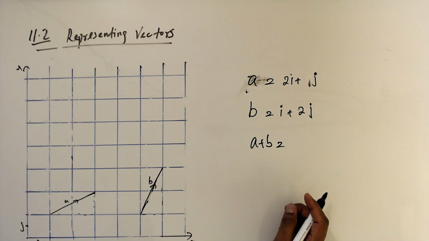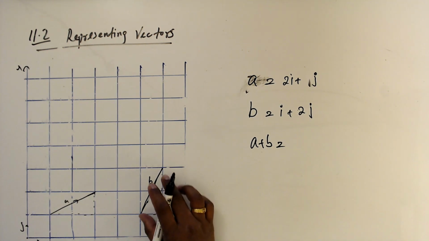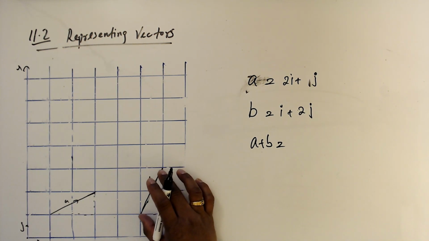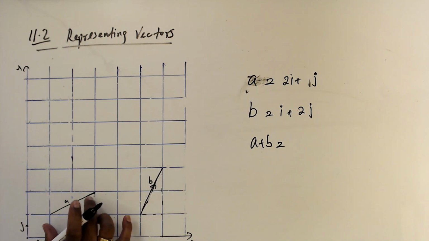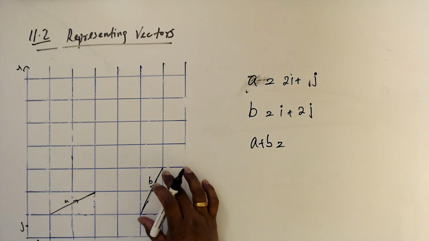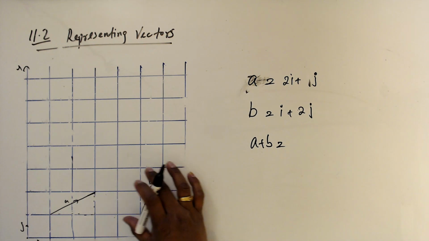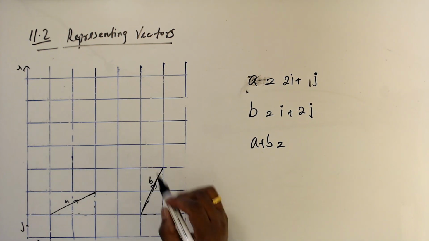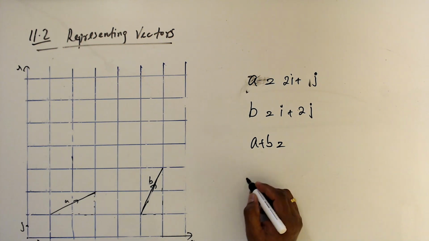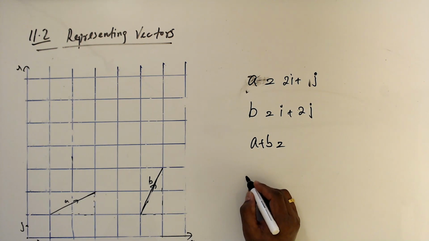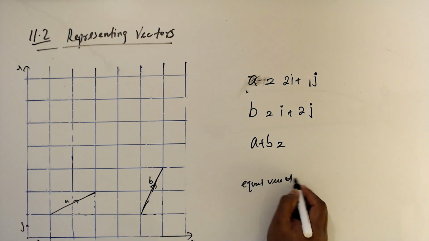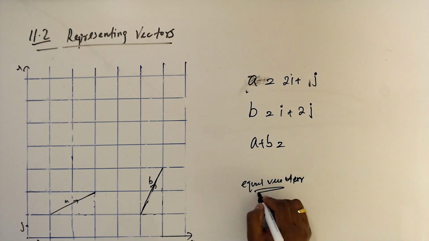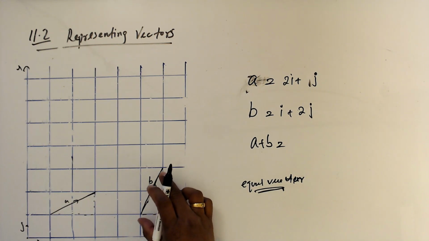You take a vector similar to a, and you draw it here. Sorry, not a similar vector, we call that an equal vector. We discussed previously what an equal vector is: same direction, same length.